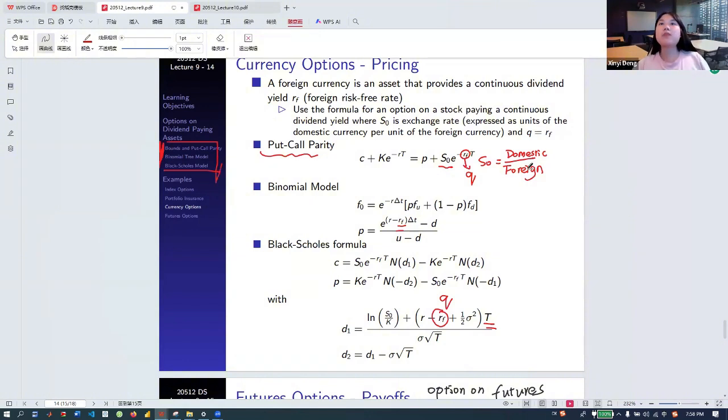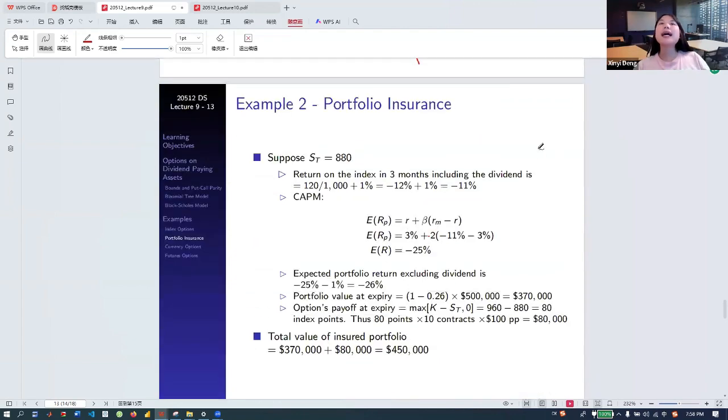For currency options, the Q will be replaced with RF, and the S0 here is actually an exchange rate. Throughout this subject, we denote that exchange rate such that S0 measures the units of domestic currency per unit of foreign currency, so domestic over foreign.